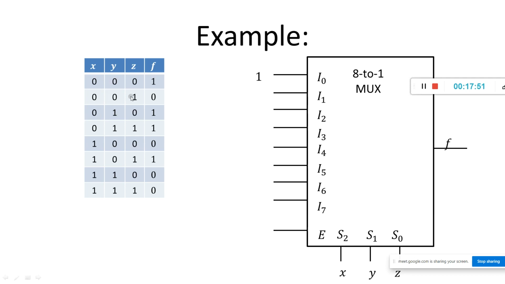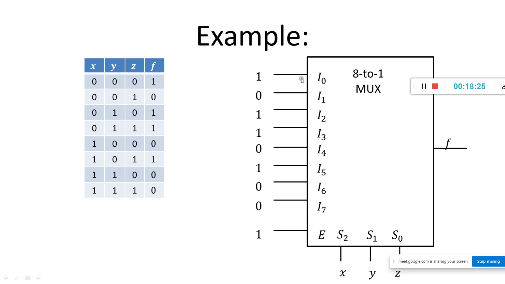Next, for 0 0 1 the value is 0, so 0 is placed on the I1 line. For 0 1 0 the value is 1, so 1 is placed at the I2 data line. Similarly for 0 1 1, 1 is placed. For 1 0 0, 0 is placed. For 1 0 1, 1 is placed. For 1 1 0, the functional value is 0. For 1 1 1, it is again 0. Whatever the functional values are, those are placed on the I0 to I7 data lines.